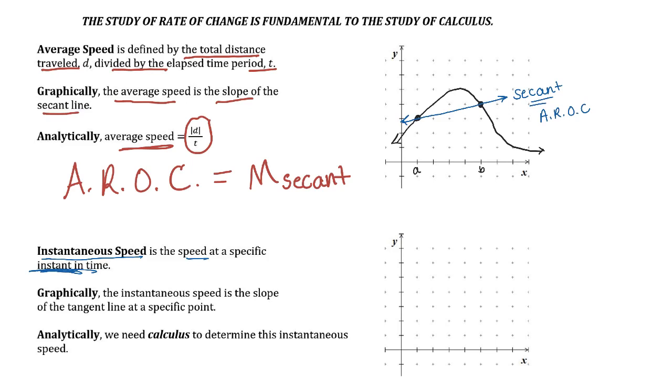So in order to do that, that's where calculus is coming in. Now if we talk about instantaneous, we're going to call this our instantaneous rate of change. That's going to be our IROC, and we're going to call that the slope of the tangent line.